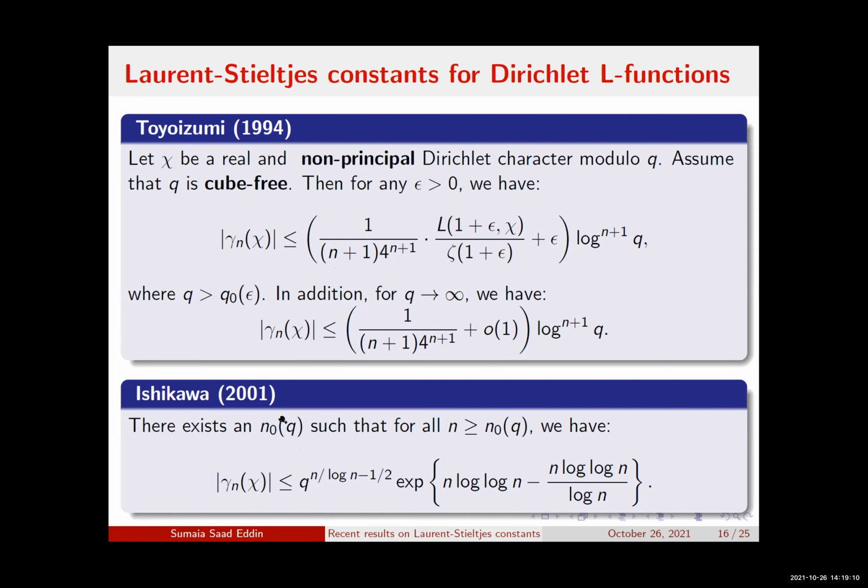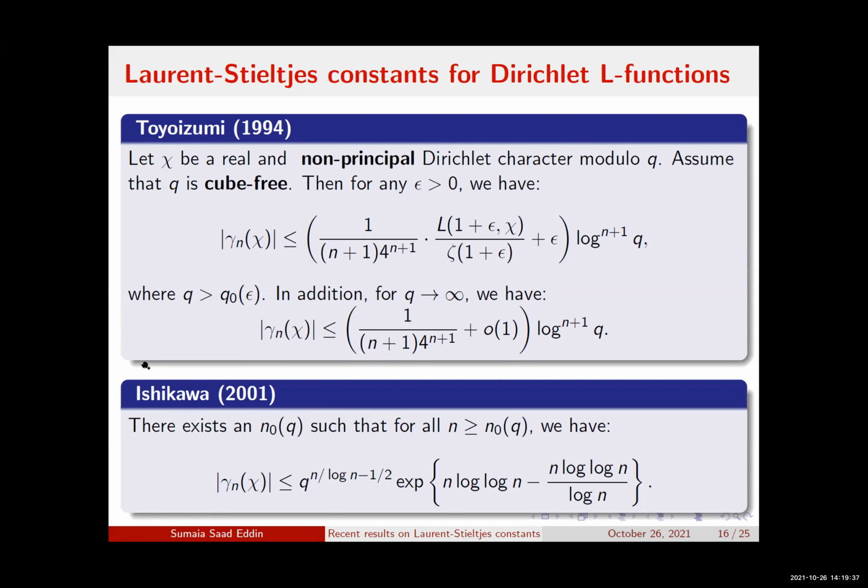The most nice result about Laurent-Stieltjes constants for the Dirichlet L function was given by Ishikawa in 2001. I think he is a student of Matsuoka because in his paper he used the same method as Matsuoka.